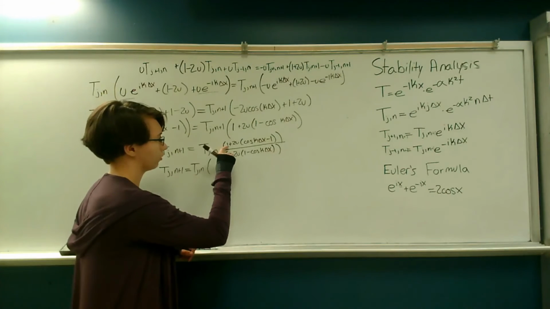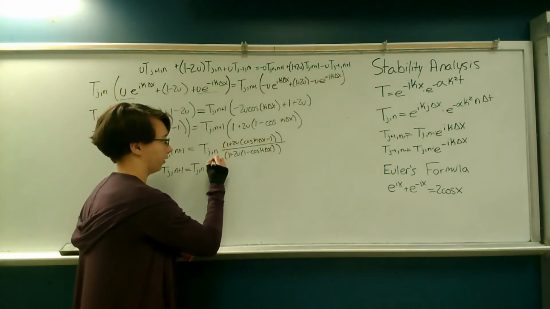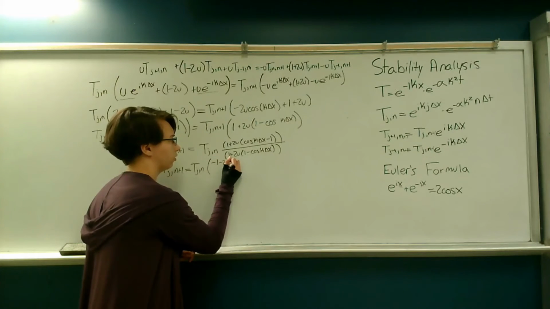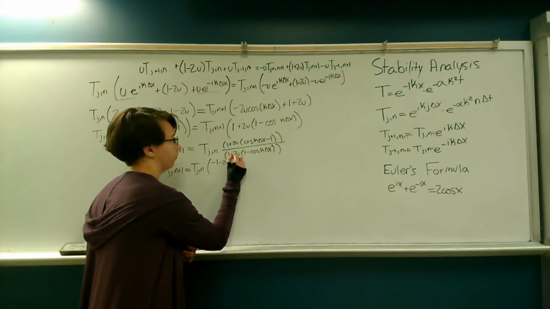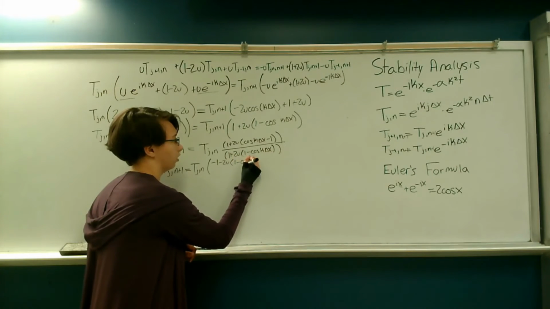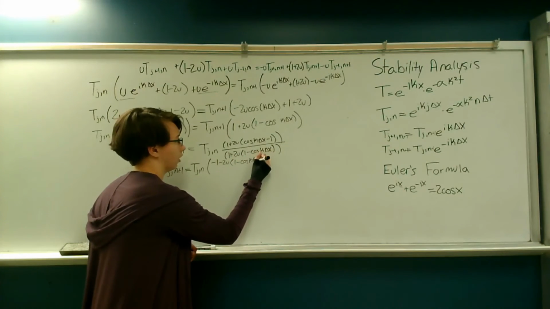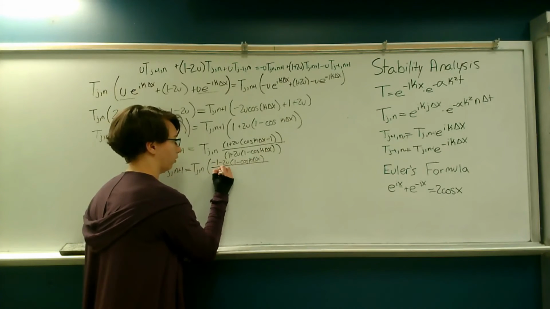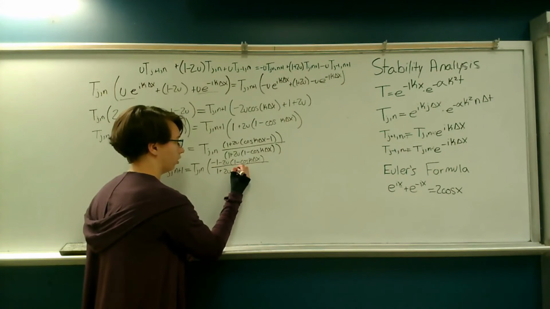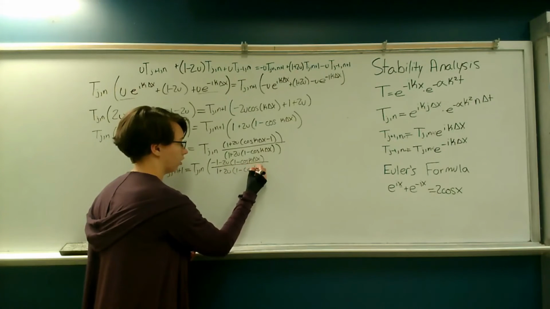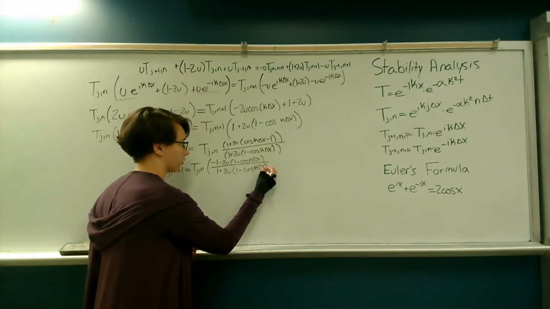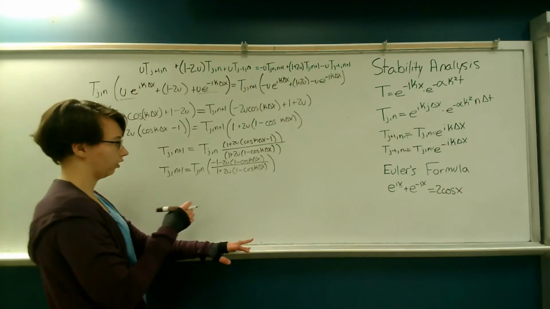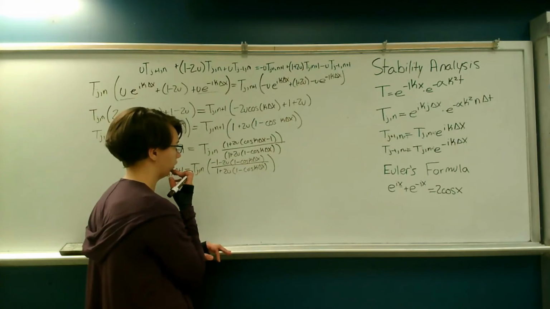So then factor out the negative, so it'll be negative 1 minus 2u of 1 minus cosine k delta x over 1 plus 2u of 1 minus cosine k delta x. Okay. So there you can see that these two pieces now cancel.